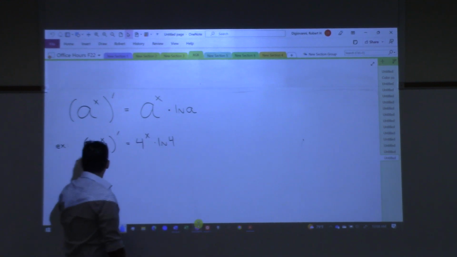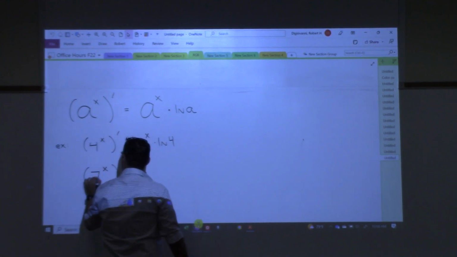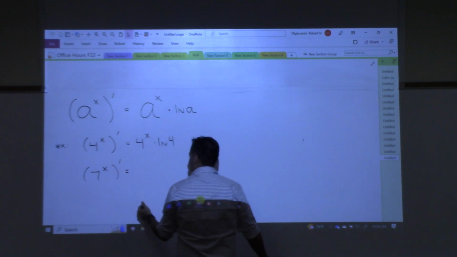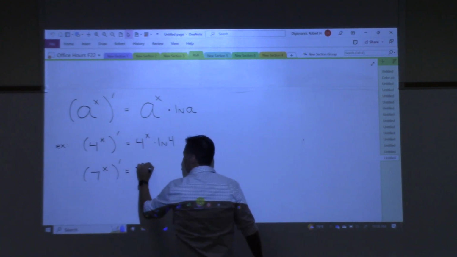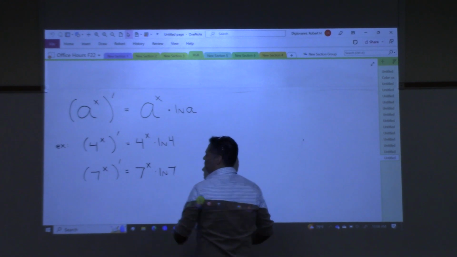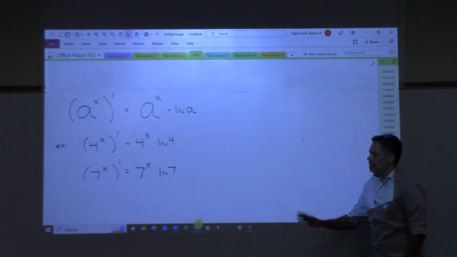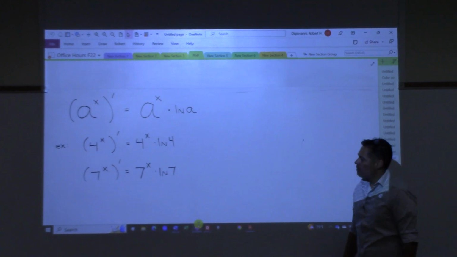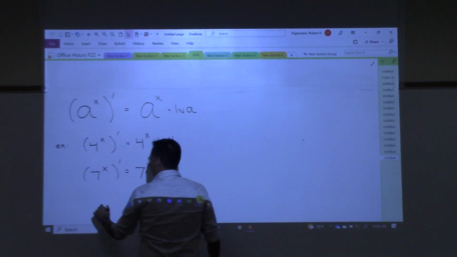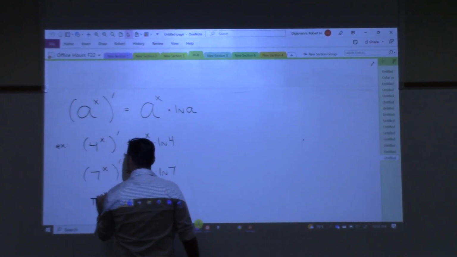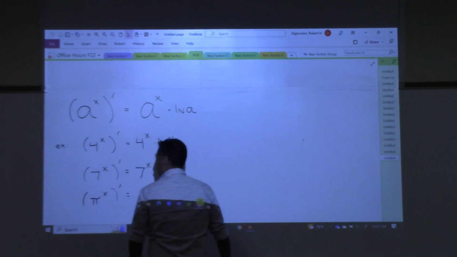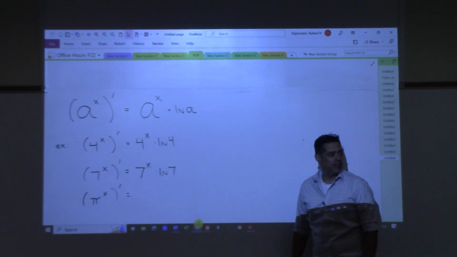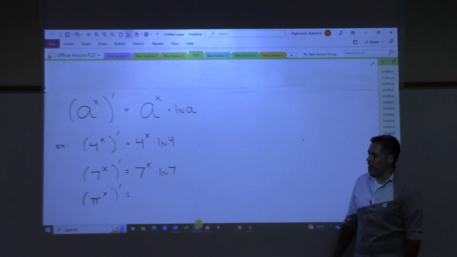Let's do another one. What's the derivative of 7 to the x? Well, itself, right? Times natural log 7, right? No magic, no hidden thing here. I mean, it is as straightforward as it looks. What about pi to the x? Well, pi is just a number, right? Just like 7, just like 4.